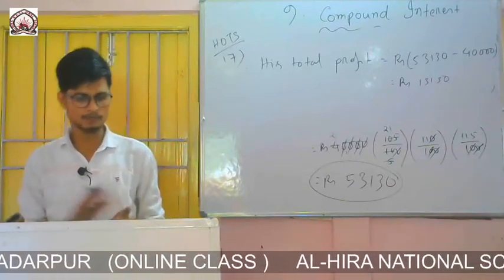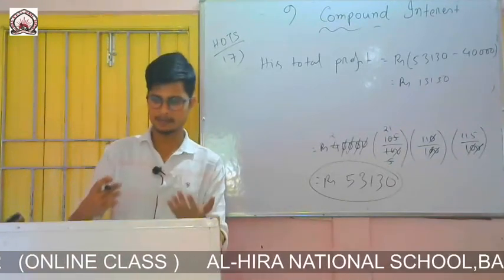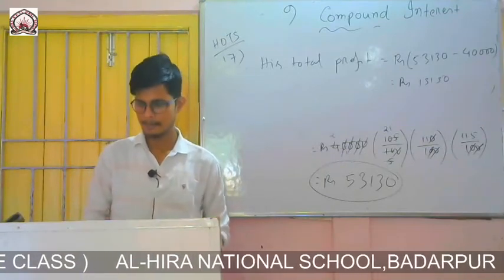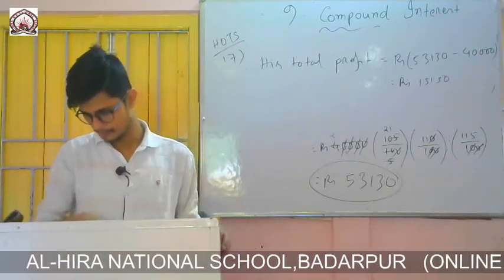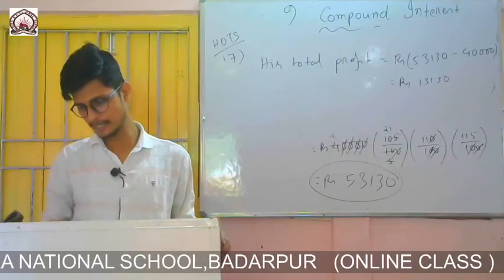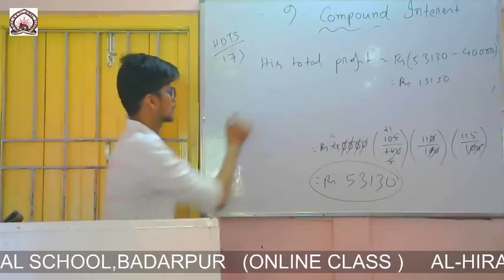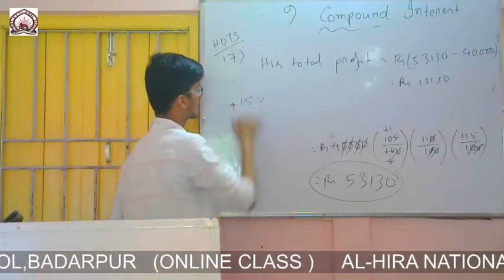So here you will find that one time it is increasing, one time it is decreasing. There was a profit in the first year, so it is 15%. So the rate is 15% profit, so it will be plus.